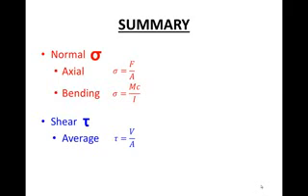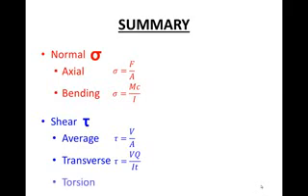We calculate that by V over A, or V over 2A if it happens to be double shear. Shear stress is also caused by transverse shear, which is calculated using the equation VQ divided by IT. Shear stress is also caused by torsion, and we calculate that using the equation Tc divided by J.